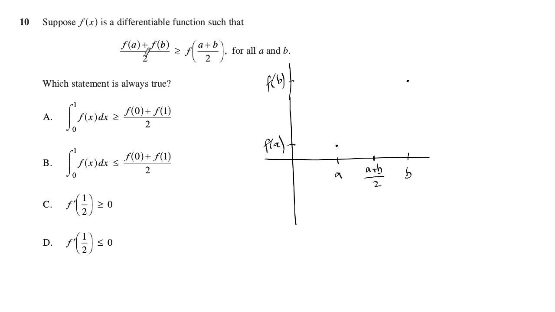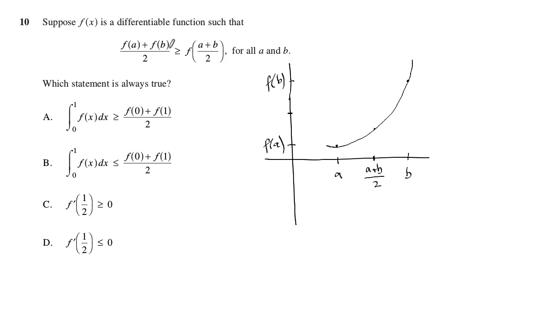And (f of a plus f of b) on 2 is halfway in between these two. And so it's saying that the y value at (a plus b) on 2 is smaller than this. So it has to be below this point. So you can imagine how that's going to make a concave up function if it has to satisfy this. Because whatever 2 points we pick, the point in the middle has to be relatively low.